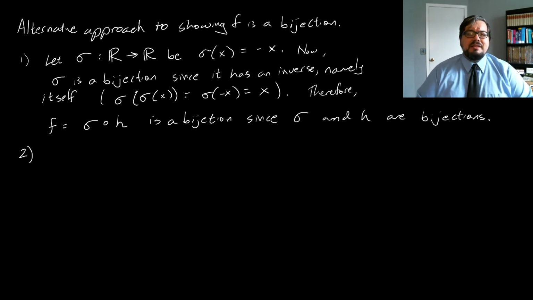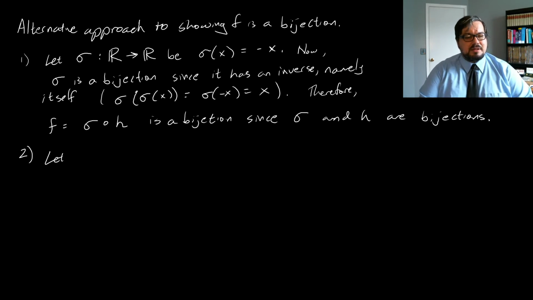Another way of doing this would just be to show that F itself has an inverse. If you can construct an inverse to a function, that means that function had to be a bijection to begin with, because only bijections have inverses.